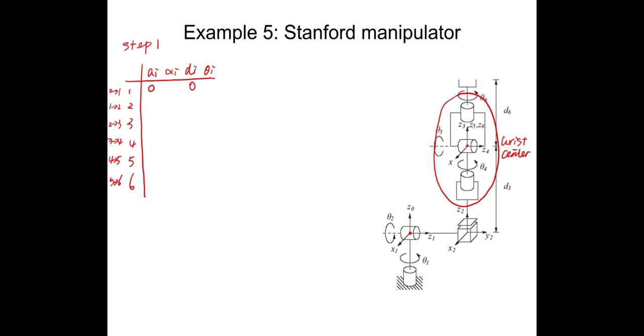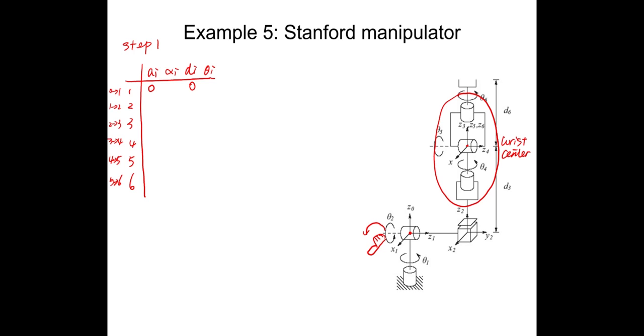And how about alpha_i? Alpha_i is the rotation from Z0 to Z1 in this case, and again we need to use the right-hand rule to find out what is positive. First of all, you need to use your right hand, and your thumb is pointing to the X1 direction. These are the 4 fingers, and the 4 fingers are pointing to the positive rotation direction.